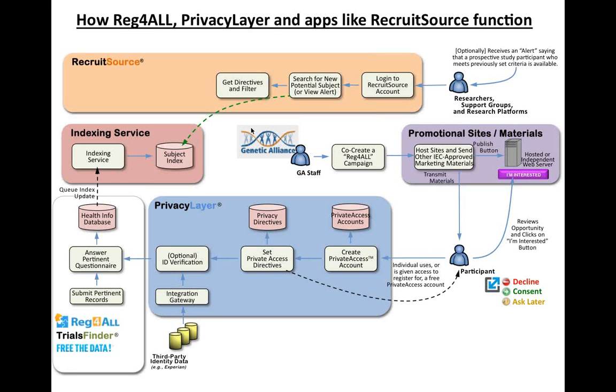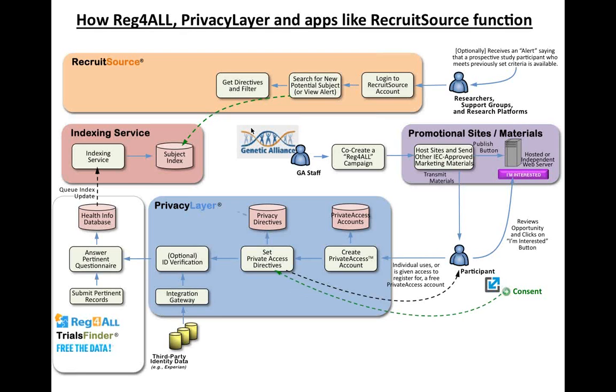That's done by reaching back to the participant to determine whether they have consented in advance, or if not, sending them a message through the privacy layer. They can either decline, or if they forgo declining, they can ultimately consent to the request.